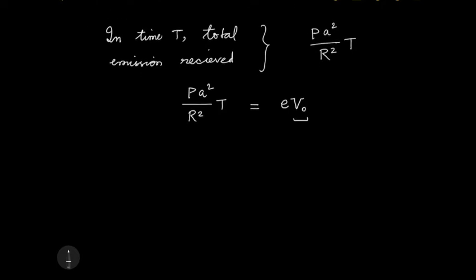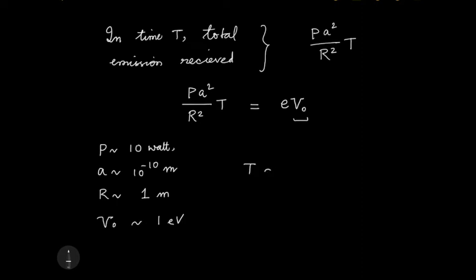Now once I have this, I can calculate T. So let's say that P, the power of the light, is say 10 watt, which is typically fine. The atomic dimension is about 10 to the minus 10 meter, 1 angstrom. Say the source is kept at a distance of 1 meter, and V0 for these metals is about, say, 1 electron volt. e we already know.